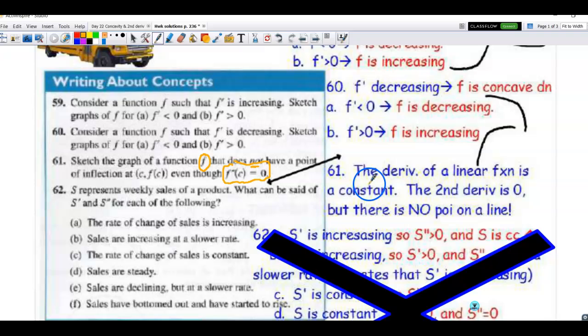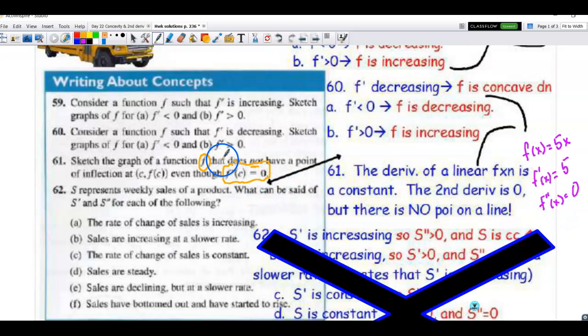The derivative of a linear function is constant. So for example, let's make up a linear function to see what I'm thinking about here. So if I said, let me think about f of x equal to 5x, there's your AP score. The first derivative of 5x is the constant 5. The second derivative of 5x is 0.